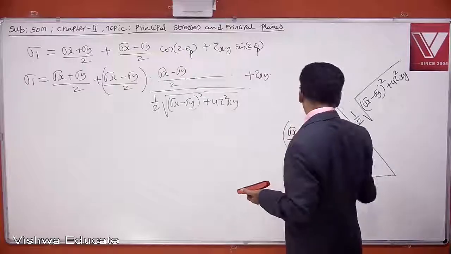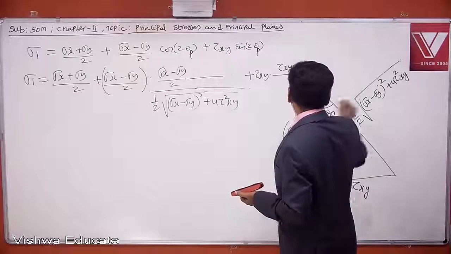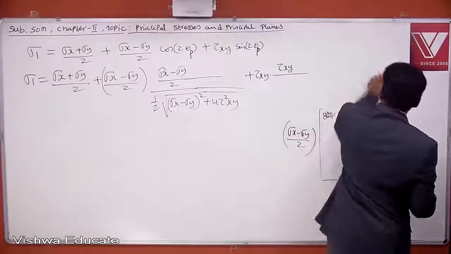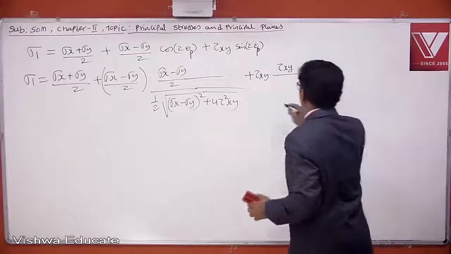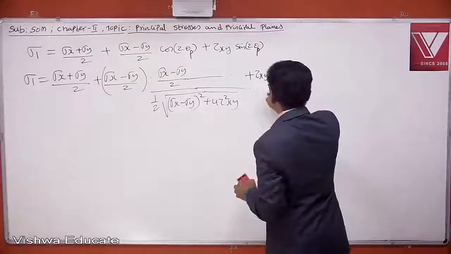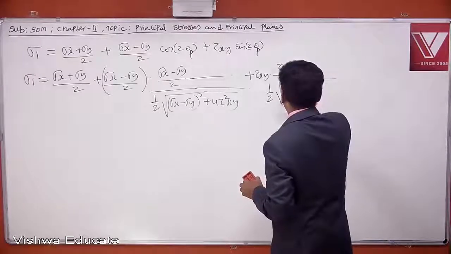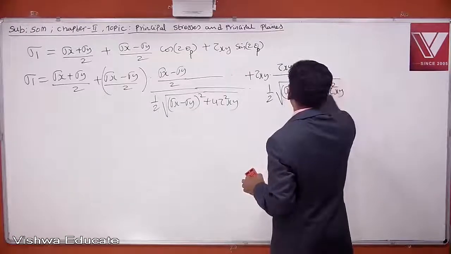and what is sin 2θp? τxy divided by this entire thing, that means ½ √((σx − σy)² + 4τ²xy).